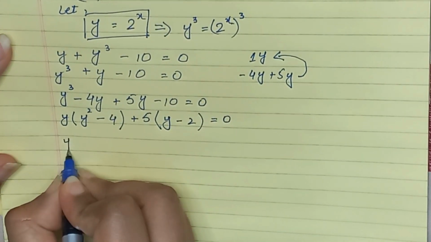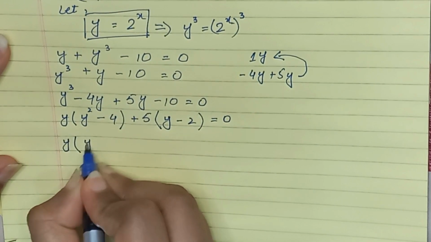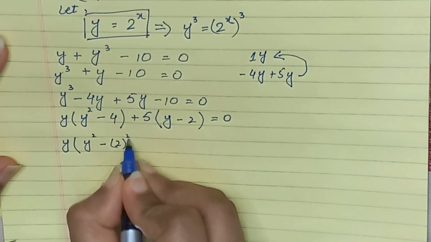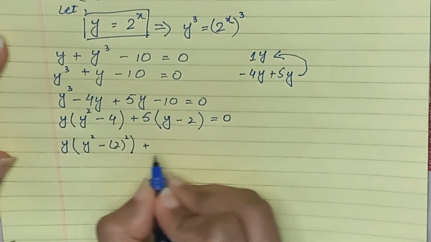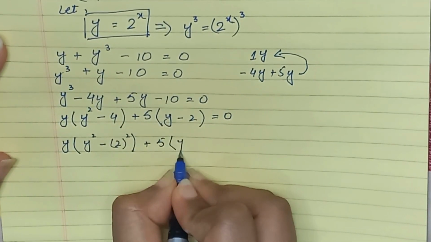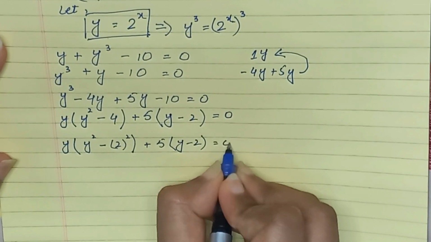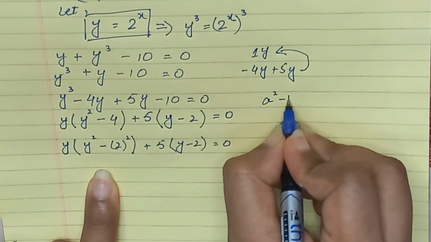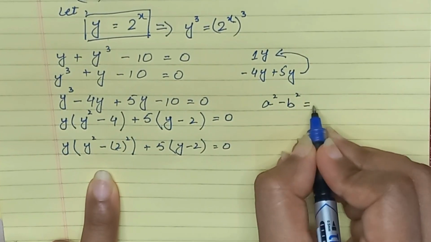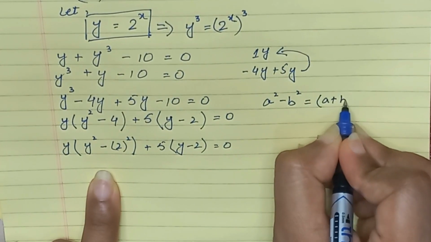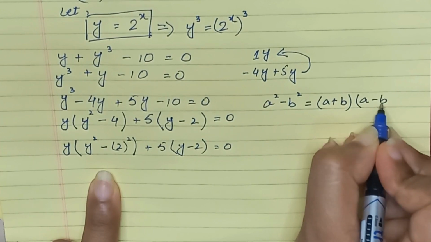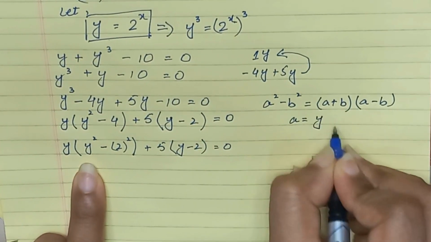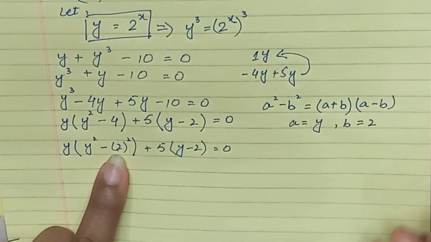Now y square minus 4 can be written as y square minus 2 square, plus 5 into y minus 2 equal to 0. As we know that a square minus b square is equal to (a plus b)(a minus b), and here we have a equal to y and b equal to 2.